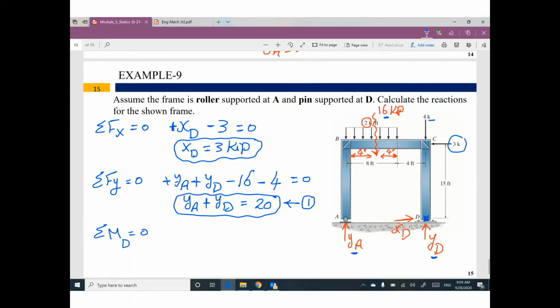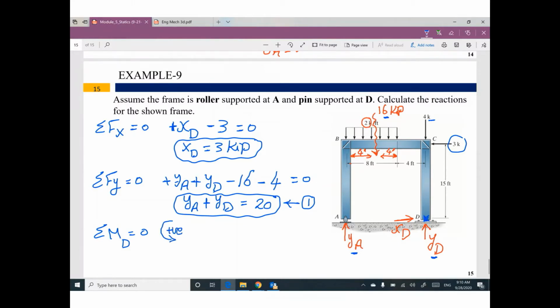Guys, this equation called summation moment at any point. You can take moment at any point as you like, but I recommend to take moment at support. And I highly recommend to take moment at the support with the larger number of unknowns or larger number of reactions. So I'm gonna take moment at D and assume counterclockwise is positive.